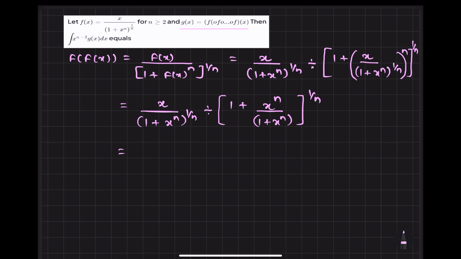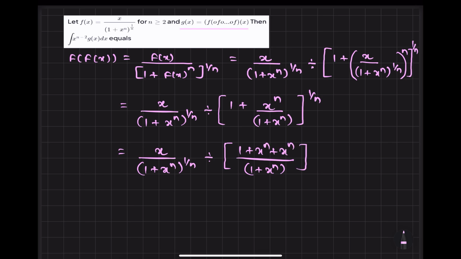Do a little bit more simplification. x by (1 plus x power n) to the power 1 by n divided by, take LCM, 1 plus x power n plus x power n, and then 1 by n. Okay, now we will break down this division sign.